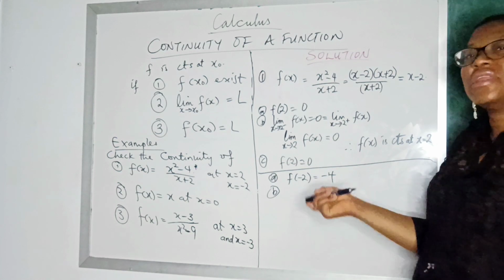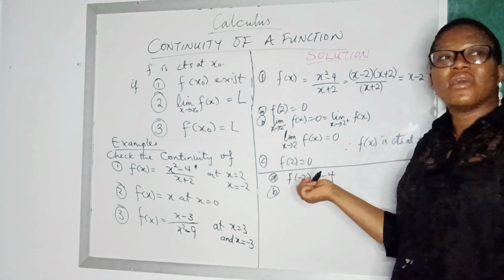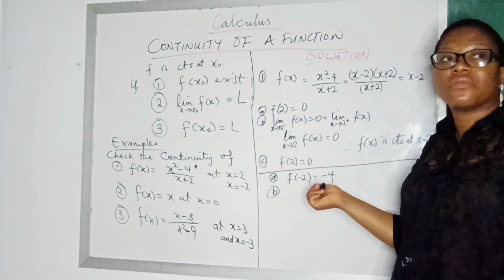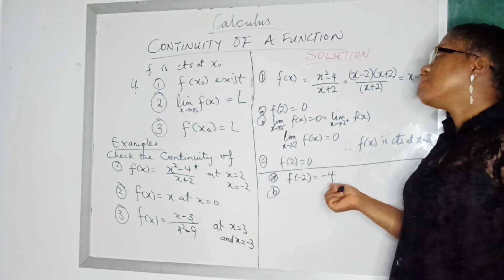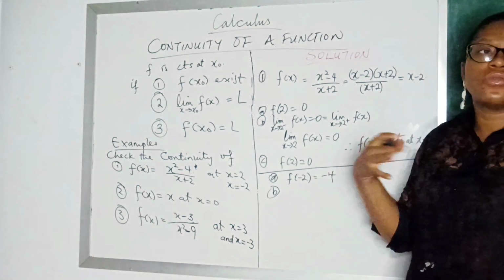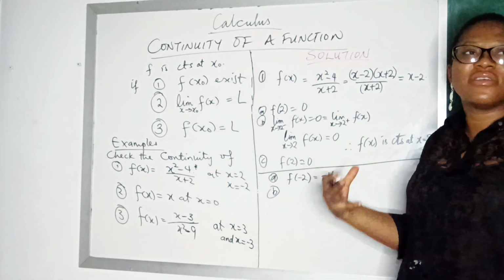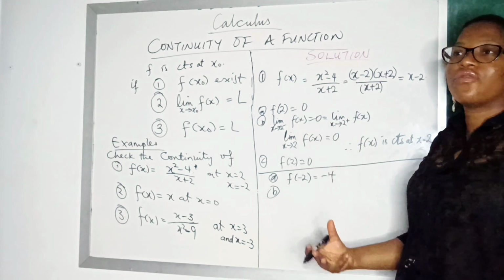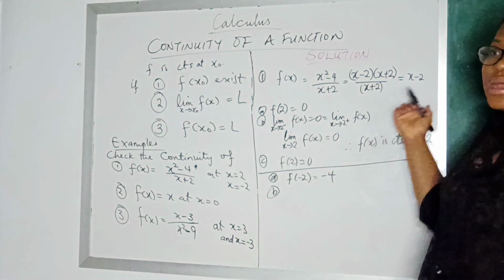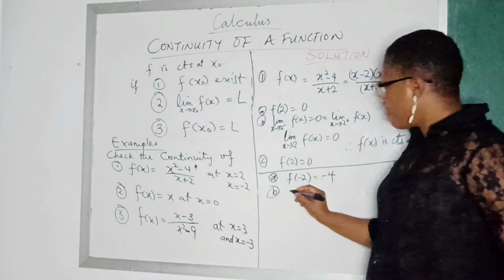And you might have immediately concluded that the limit and the continuity does not exist, that it's not continuous at this point, which is not necessarily true. So you should be open to manipulating and evaluating the function, playing around with the function until it gets to its simplest form, like this. Okay.